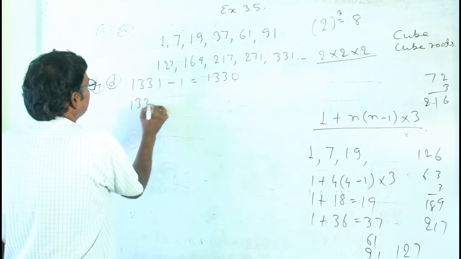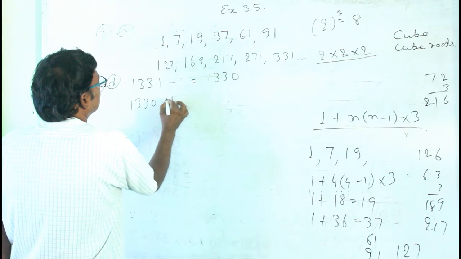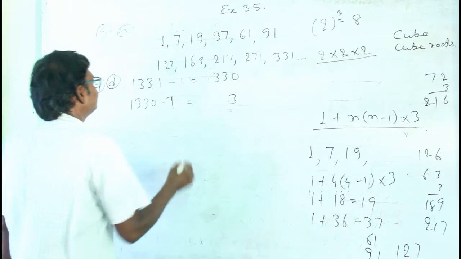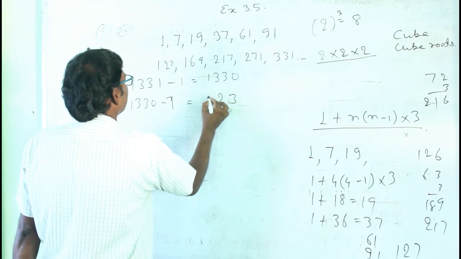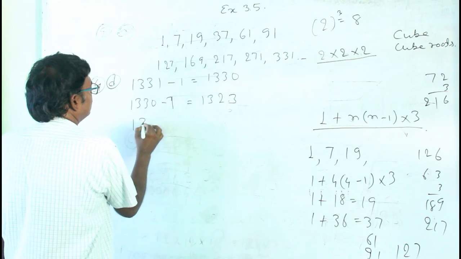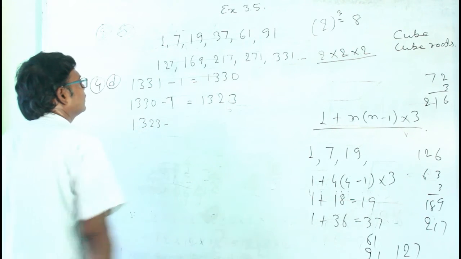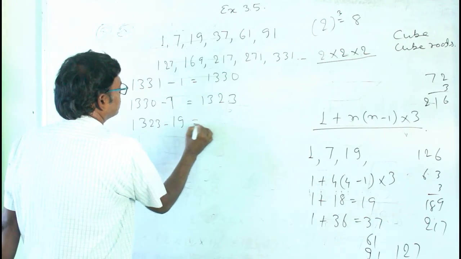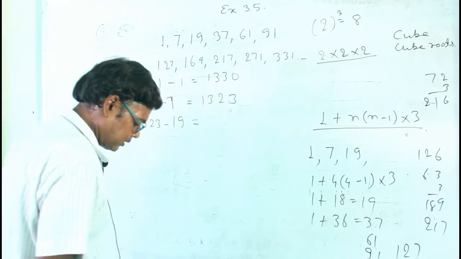Then 1330 minus 7 equal to 1323, minus 19. If the subtraction is wrong, then we will not get the answer.